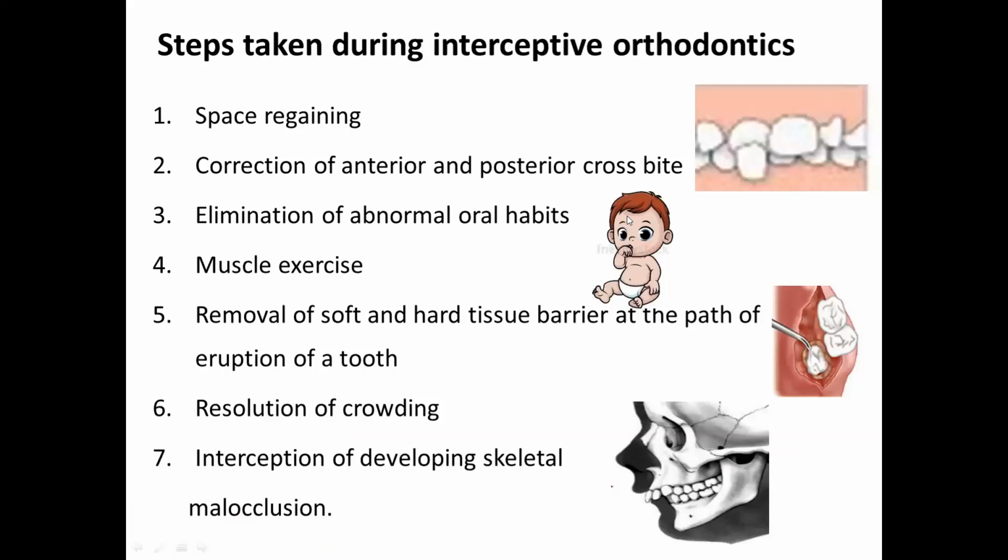So what are the steps in interceptive orthodontics? Number one, when we see that a problem like malocclusion is there, for example these maloccluded teeth, or an abnormal occlusion, or maybe teeth that are tilted due to spacing, because of early loss of a tooth the adjacent tooth has taken this space.